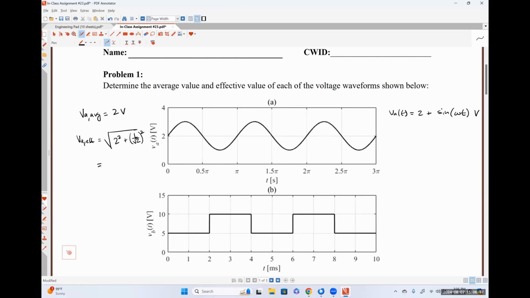And if we put that in our calculator, so let's see, square root of 4 plus 1/2, 2.121 volts RMS.